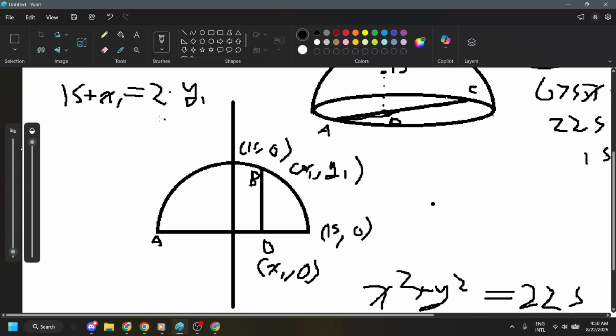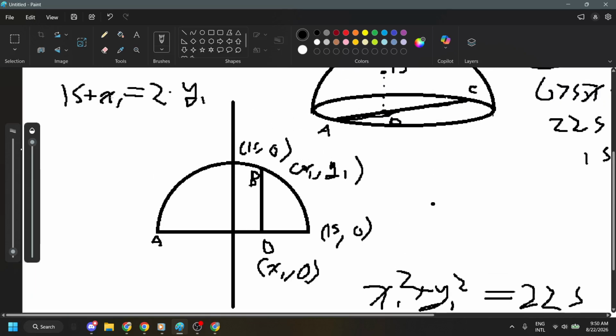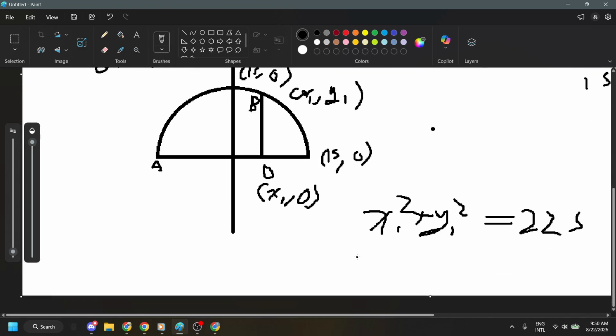So this is our relationship between x1 and y1, and then this is also our relationship. So if we just sub in one of these, x1 is equal to 2y1 minus 15. So (2y1 minus 15) squared plus y1 squared is equal to 225.